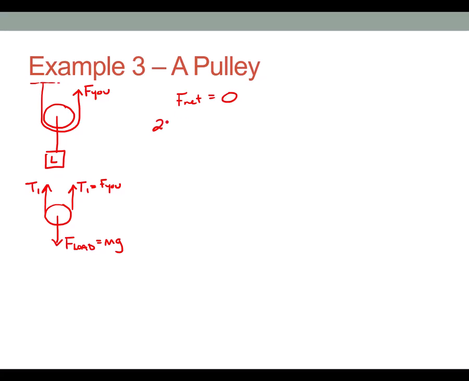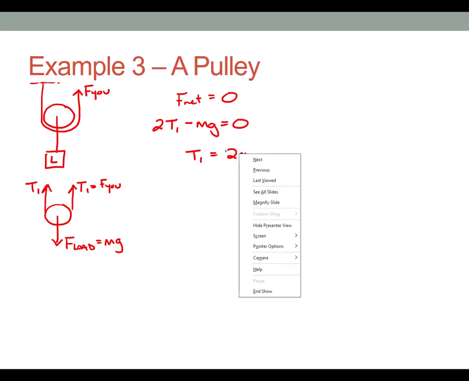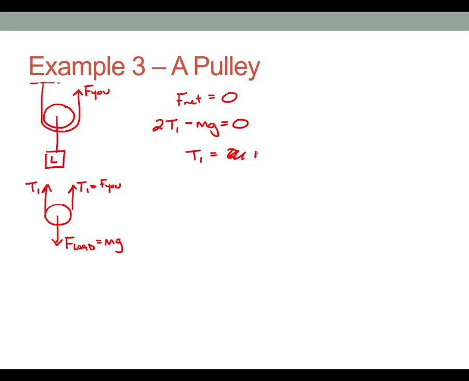And we get 2 times tension 1 minus mg equals 0, or tension 1 equals, I'm doing my math backwards, mg divided by 2, which means that the force you apply is mg divided by 2. Now you're only lifting half of the load's weight. The other half is being lifted by the other side of the string, right?